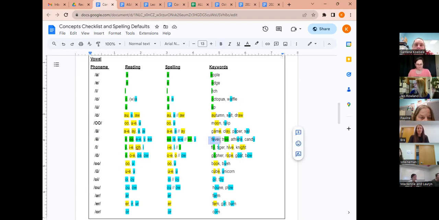Like the word fever, secret. Because he, she, we, me, be, they're very common words. They're also function words. We wanted you to be able to use them in reading.